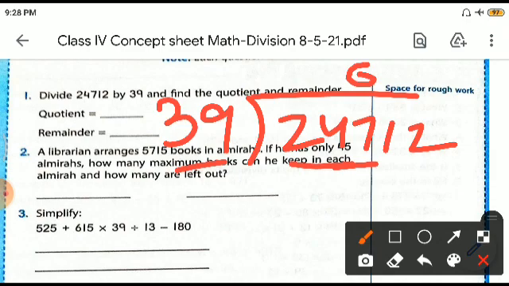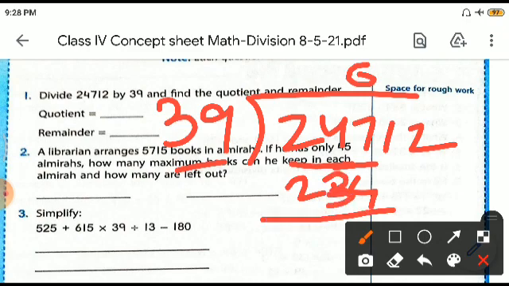If you multiply by 6, this is the nearest number we will be getting here which will not be bigger than 247. Now 9 6s are 54, we carry 5 here, and then 6 3s are 18 and 5 is 23. So what we are getting here is 234, and now the remainder will be how much? It will be 13.